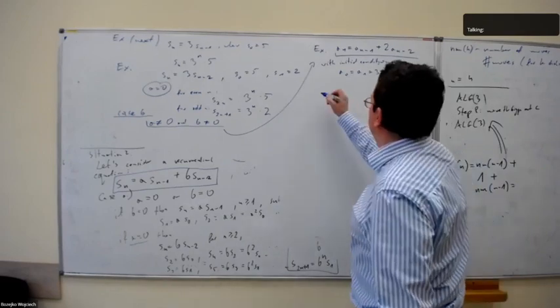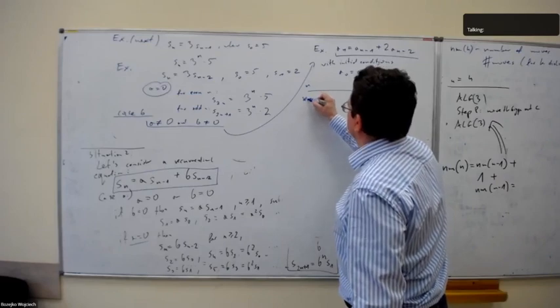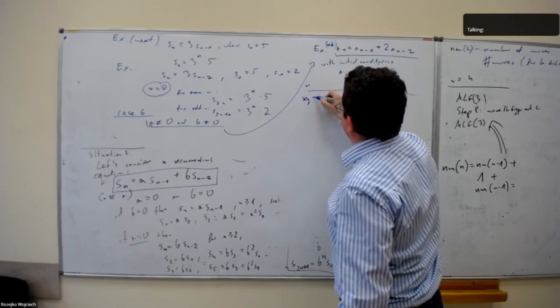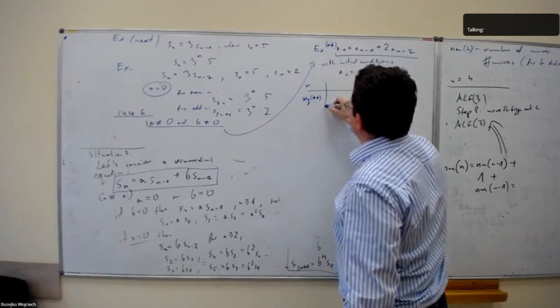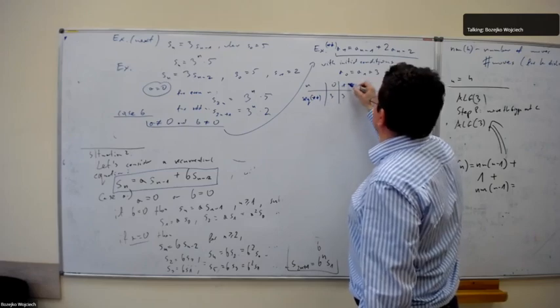So if we start from 3, we have n here and this sequence. For 0, this is 3. For 1, this is 3.